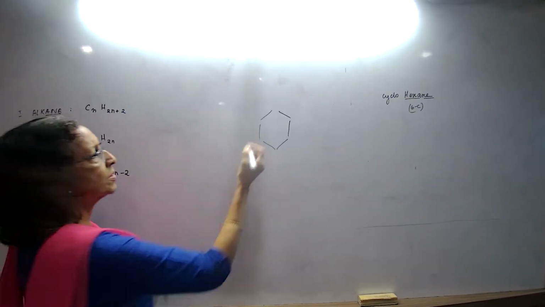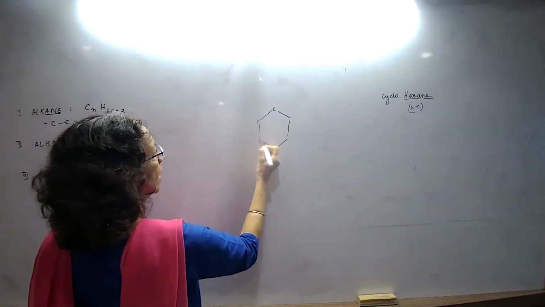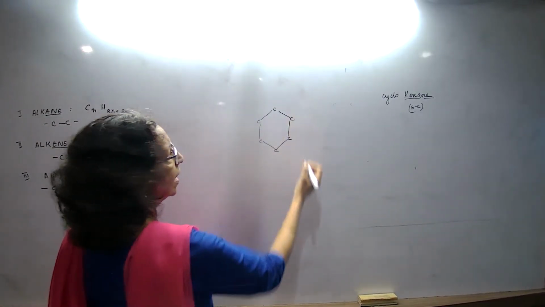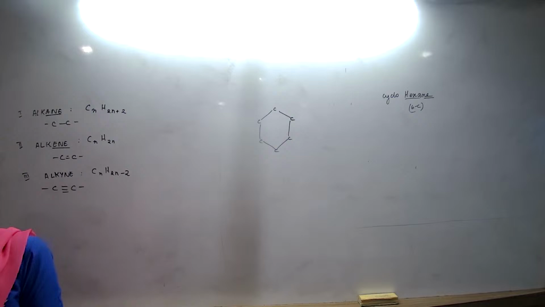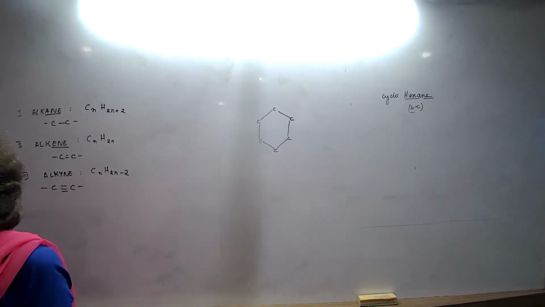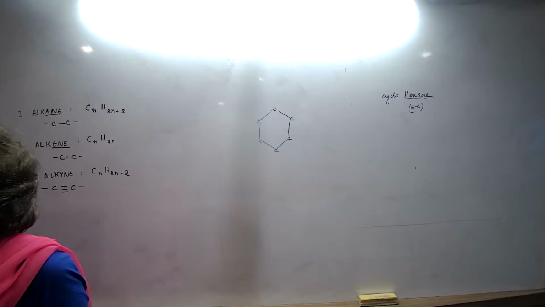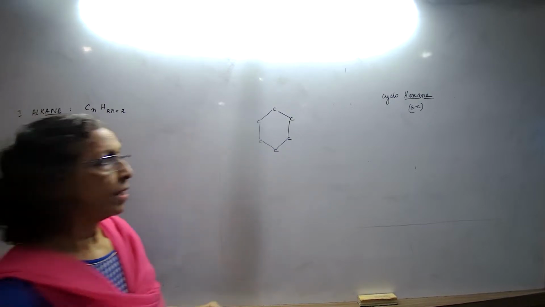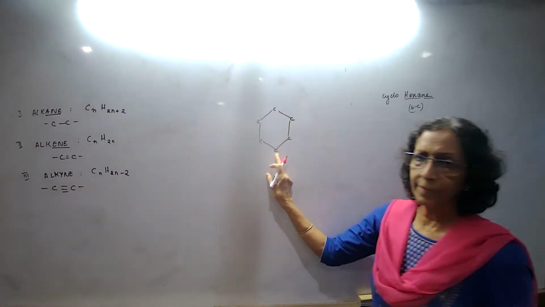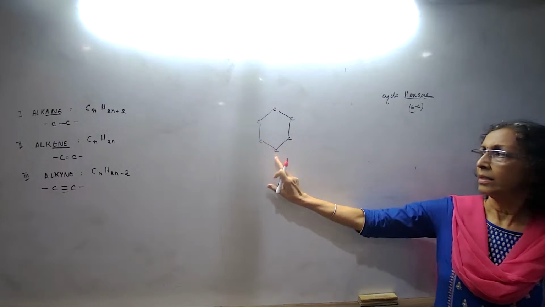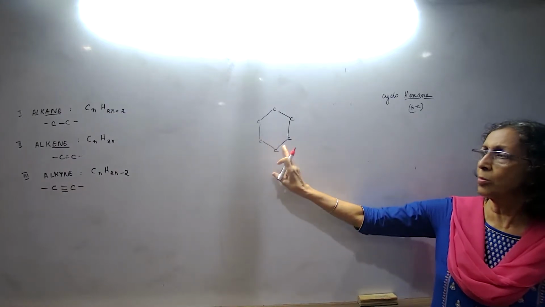Okay. So what comes here? You got carbon. And now we have to balance our hydrogen. We have to put hydrogen, right? Look at one carbon. Look at the board, everyone. One carbon. It already has 2 bonds.